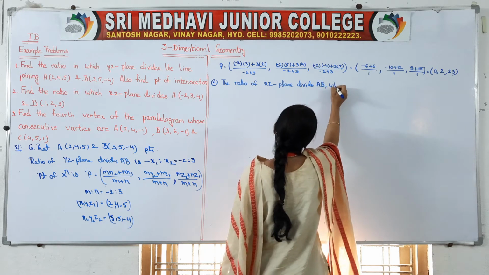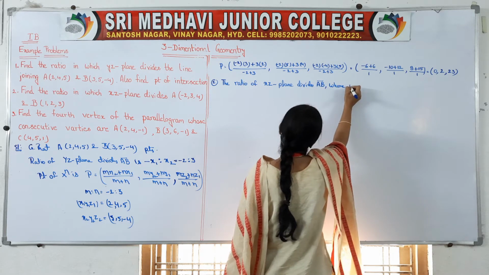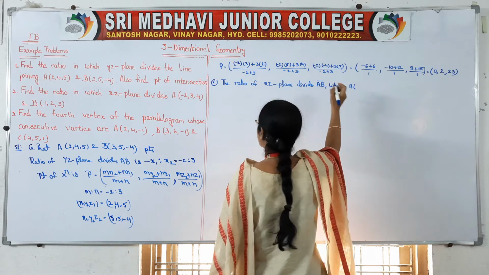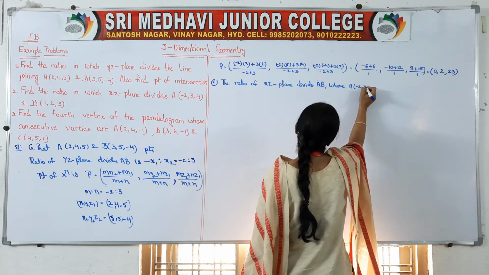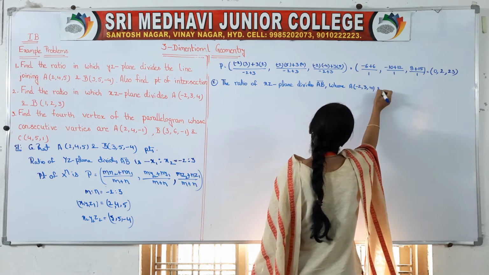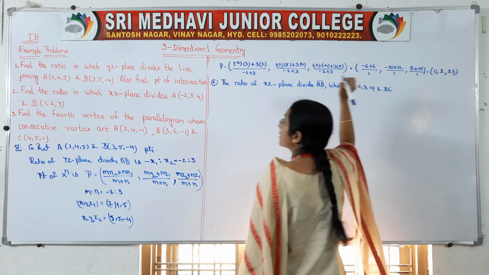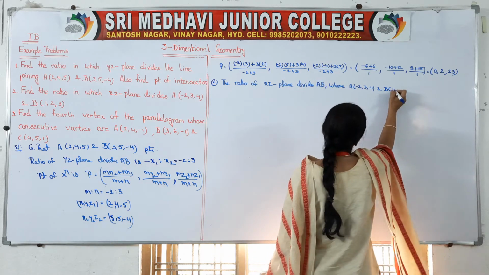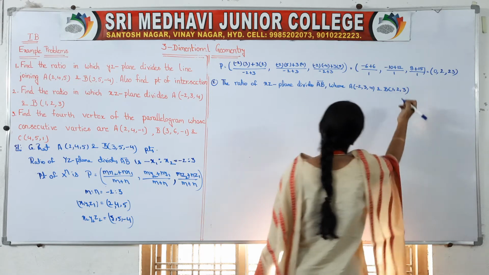Where A is, what is the A point given to us? Minus 2, 3, 4 and B point is given as 1, 2, 3.